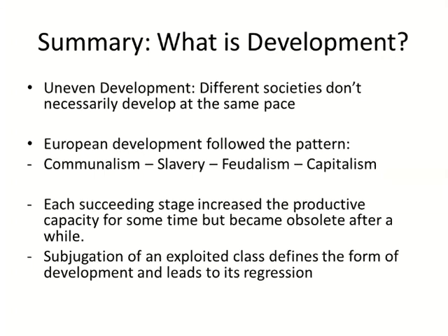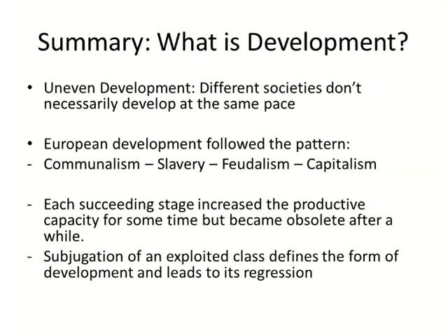Very crucial to the understanding of development is the characteristic of uneven development. Different societies don't necessarily develop at the same pace. When we looked at it, we looked at the case of Egypt, which was far advanced, of Europe and of course of other African countries at the time. It's just an example to show that societies can develop at different paces.